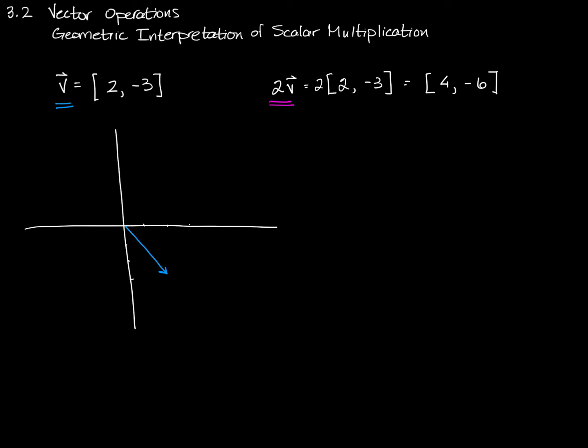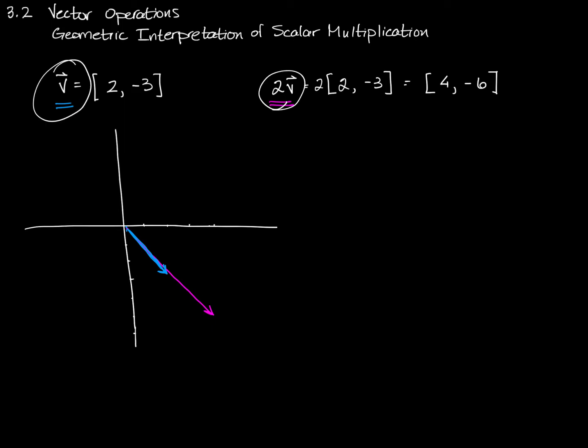Vector 2v is 4, -6, so that's going to look something like this. Didn't quite get those lined up there. You can still see v here. And 2v in pink is twice as long because I've taken the vector v and I've multiplied it by 2.